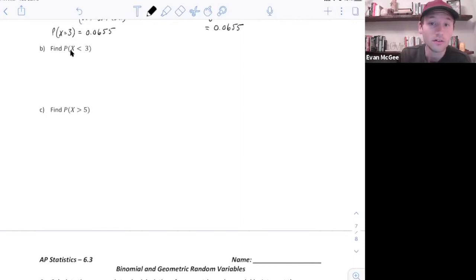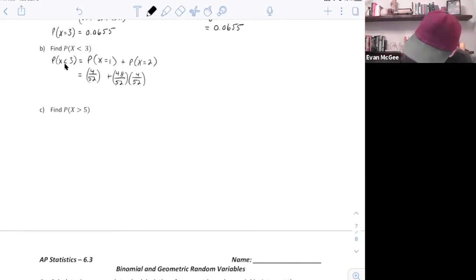The next problem says, what's the probability that the first customer to win a free lunch is less than 3, so it's not including 3. So this could mean it's the probability of X being 1 or X being 2. So if X is less than 3, that means it's equal to 1 or equal to 2.